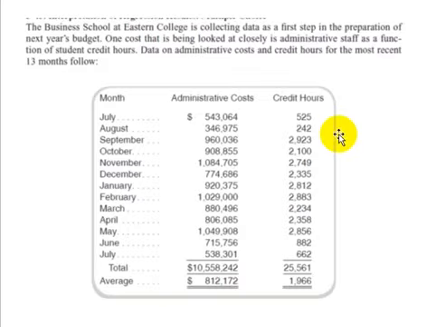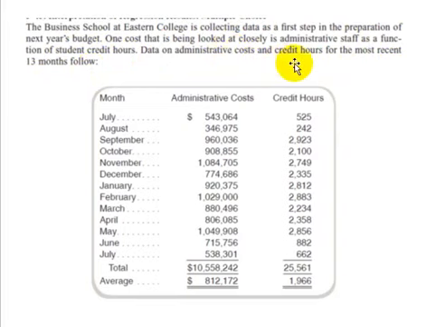The second exercise. The business school at Eastern College is collecting data as a first step in the preparation of next year's budget. One cost that is being looked at closely is administrative staff as a function of student credit hours. Data on administrative costs and credit hours for the most recent 13 months follow.